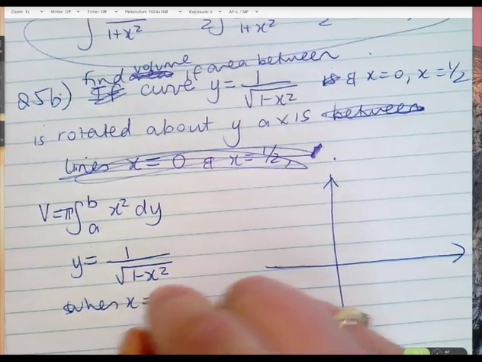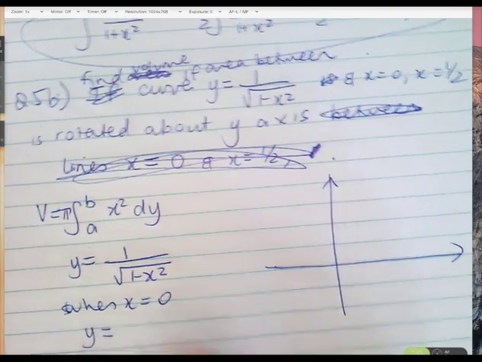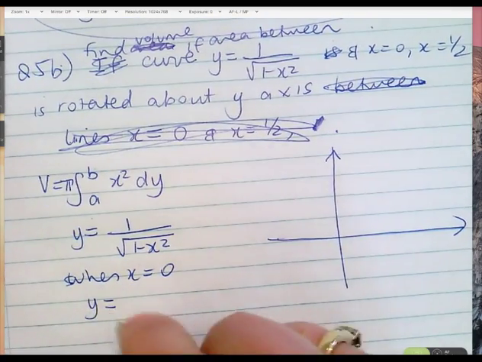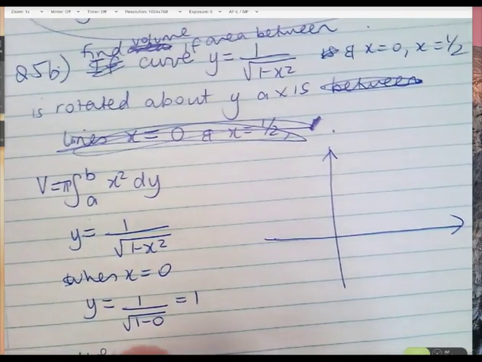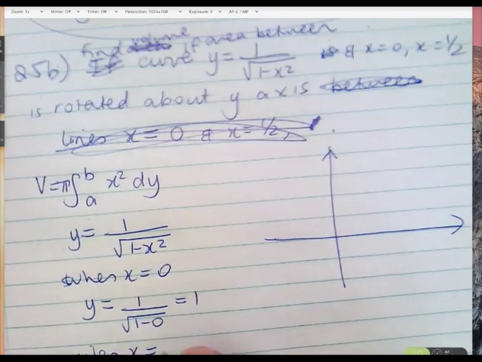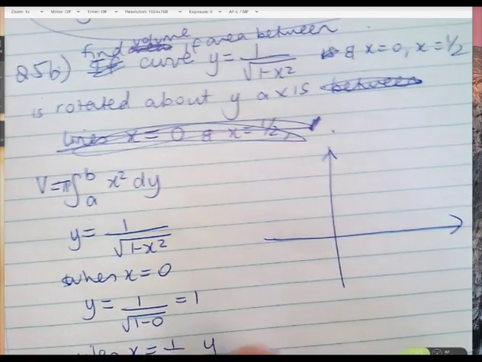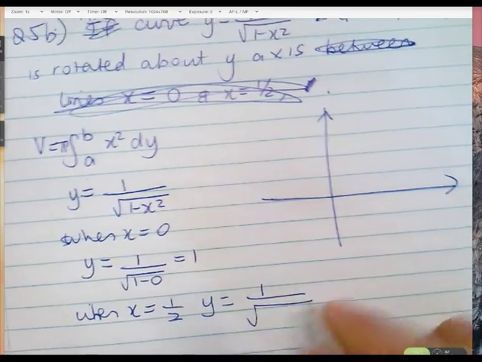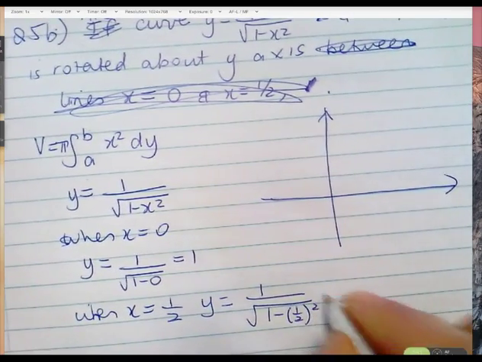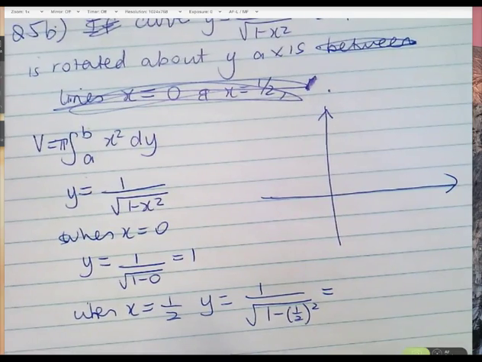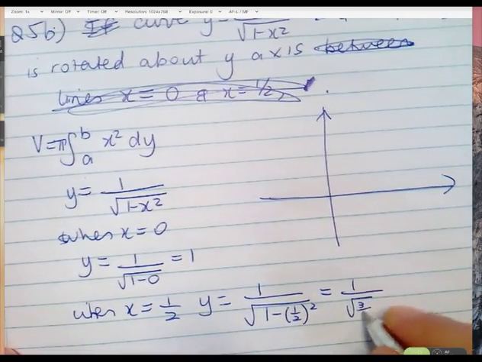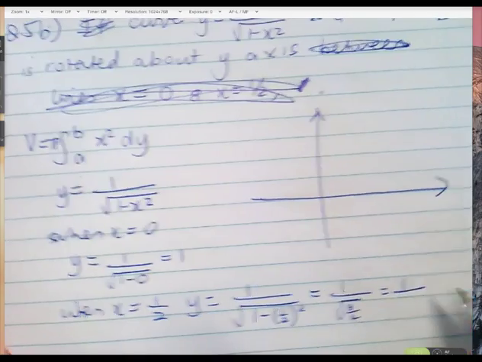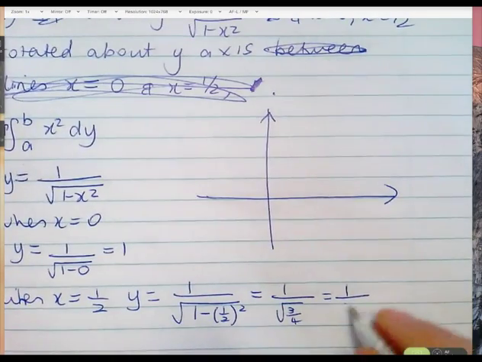When x is 0, we need to know what y is. Y is 1 over the square root of 1 minus 0, which is 1. And when x is a half, y is 1 over the square root of 1 minus a half squared. What's that? It's 1 minus a quarter, which is 1 over the square root of 3/4, which is 1 over, what is it, girls?